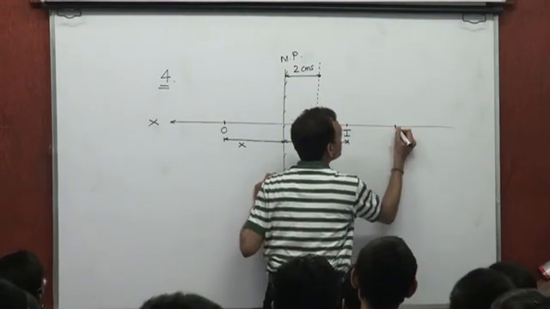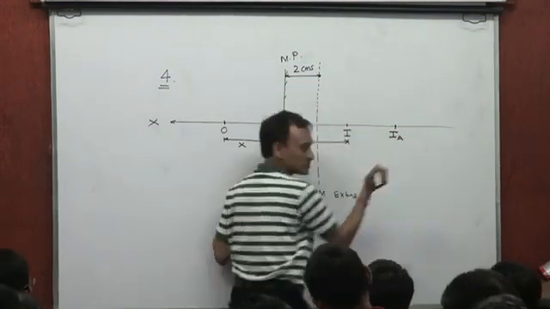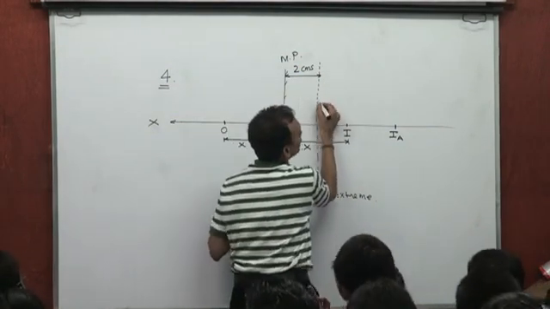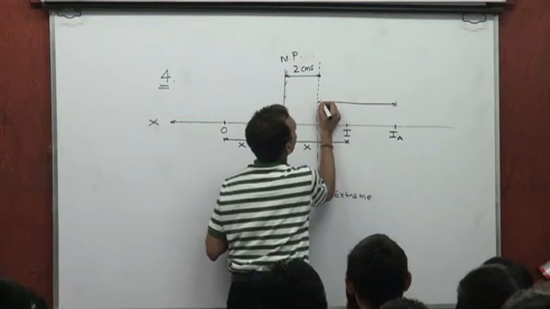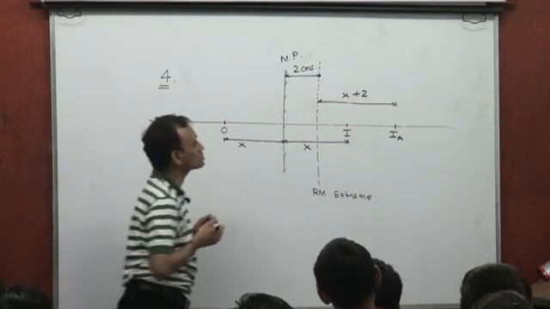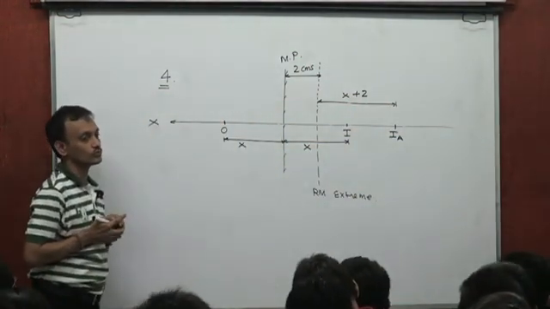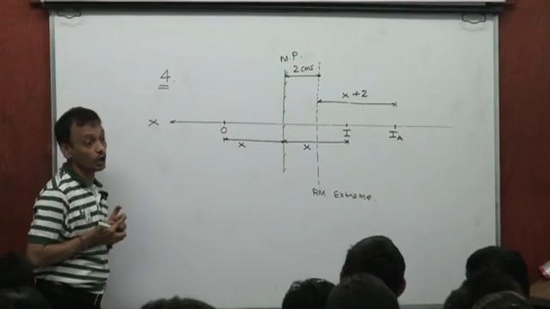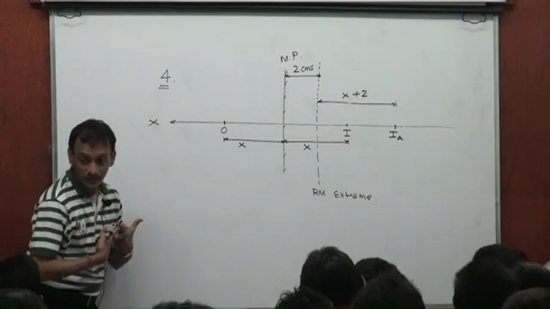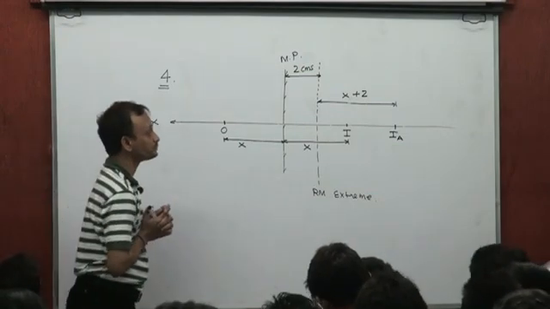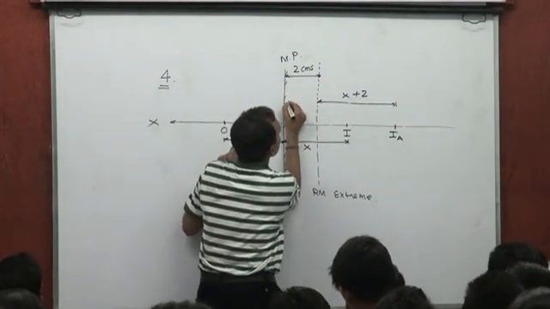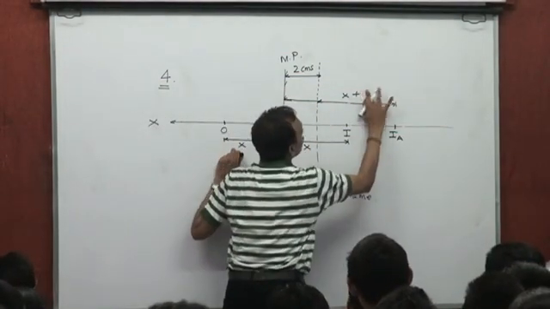So the new image, at the amplitude position, measured with respect to this position of the mirror, is going to be x plus 2. Right? Object distance is x plus 2, so image distance would also be x plus 2. Now, this distance therefore is x plus 4.